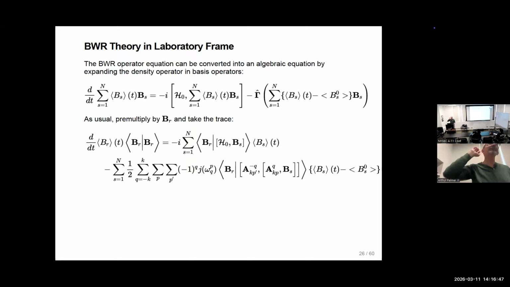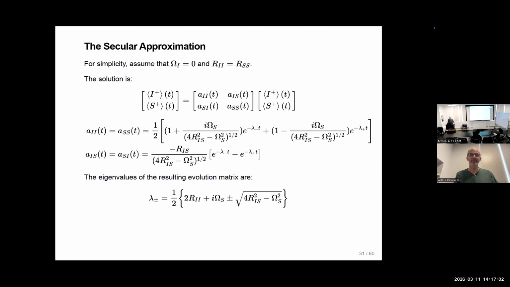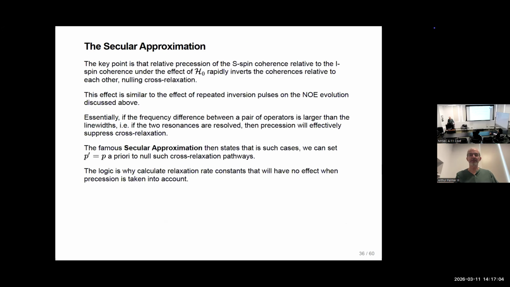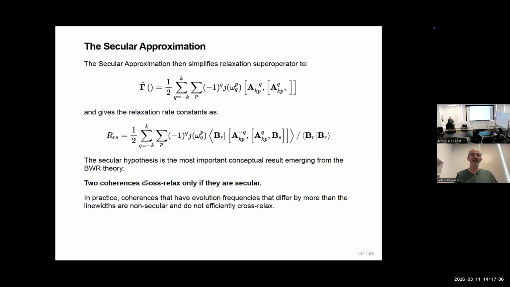But if we just want to minimize our calculation burden, the argument that the eigenfrequencies have to be the same says that we can collapse and make P prime equal to P. And then when I do that, we end up here.